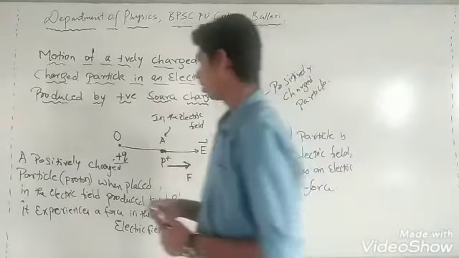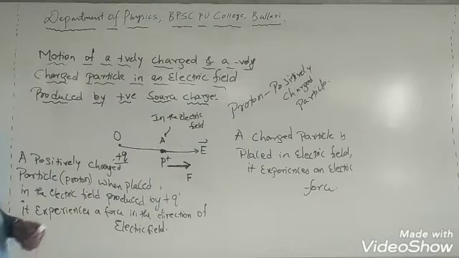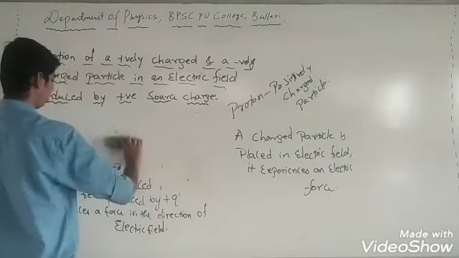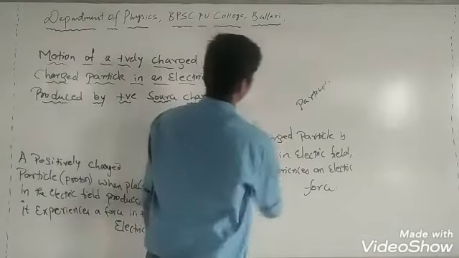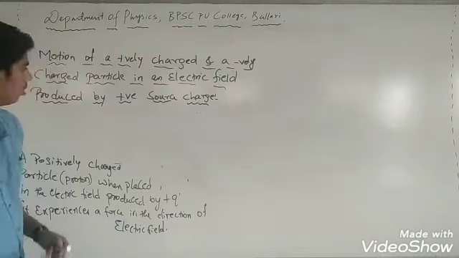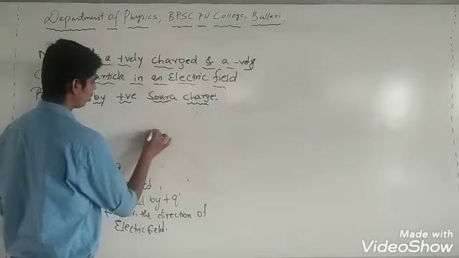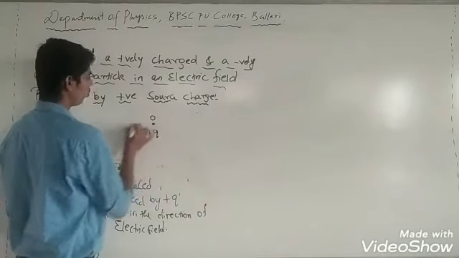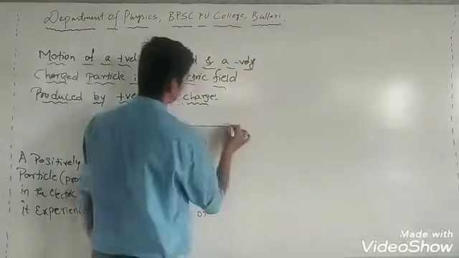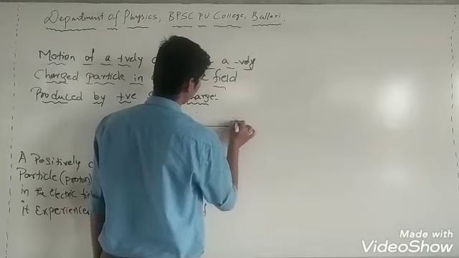A positively charged particle, when placed in the electric field produced by plus Q, experiences force in the direction of electric field. Then, how about a negatively charged particle? Suppose we have a positive source charge plus Q placed at point O in vacuum. We know due to a positive charge, electric field will be pointing away from the charge.